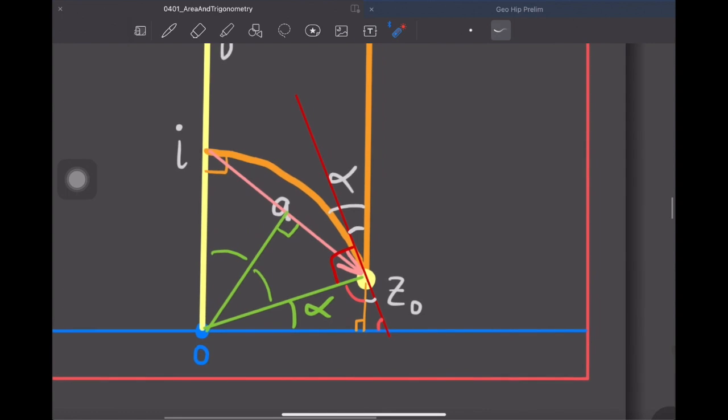So I take that straight line segment and draw a Euclidean perpendicular.